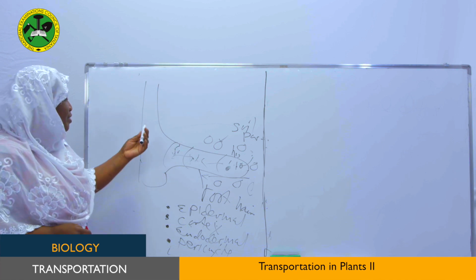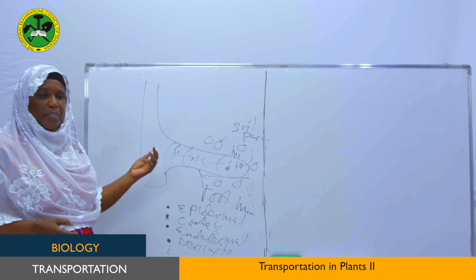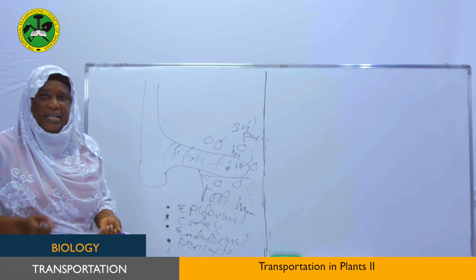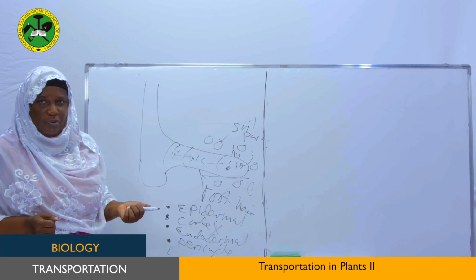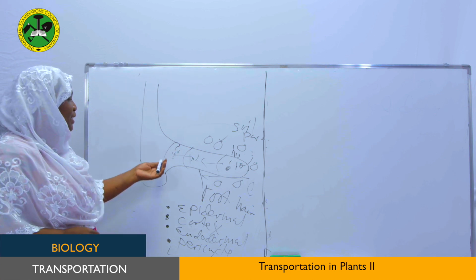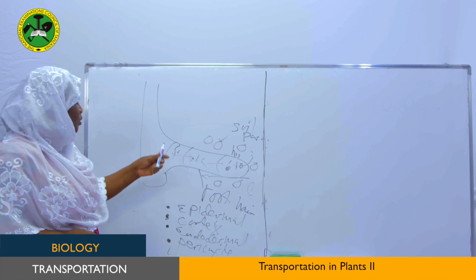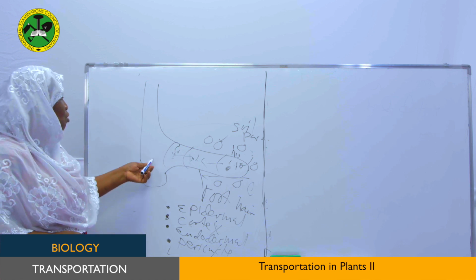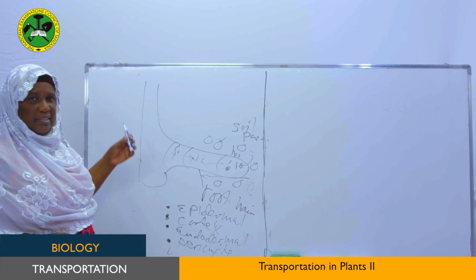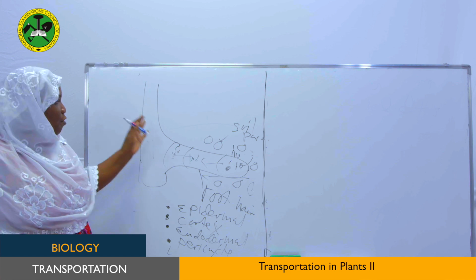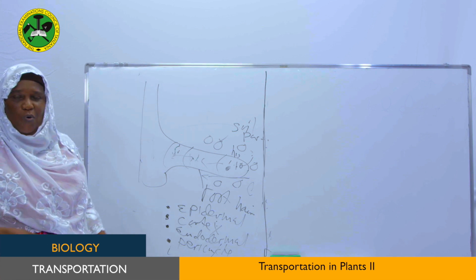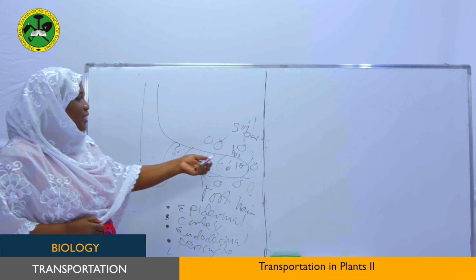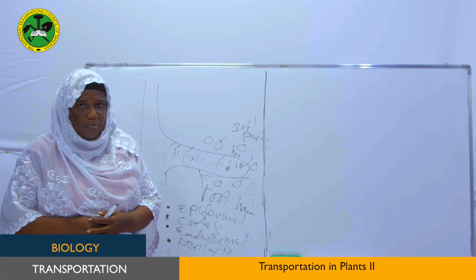The protoplasm there becomes diluted in terms of concentration, and it acquires high water potential. That high water potential will make water move from the pericycle and enter the xylem. From there, another mechanism will take place.